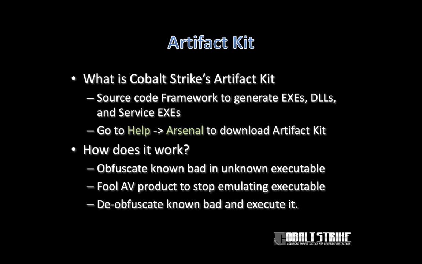The Artifact Kit builds on a contract that is available via Cobalt Strike's aggressor script. When Cobalt Strike generates an executable or DLL, it asks its scripting engine, can you generate this executable or DLL for me? And if a loaded script says yes, Cobalt Strike says, okay, well, here's my shellcode.